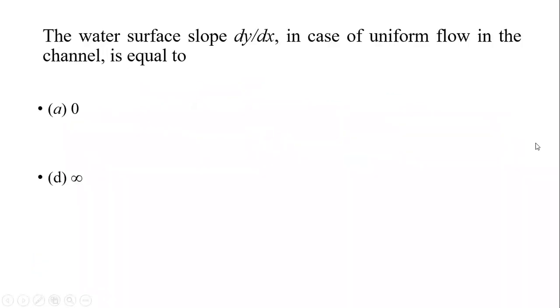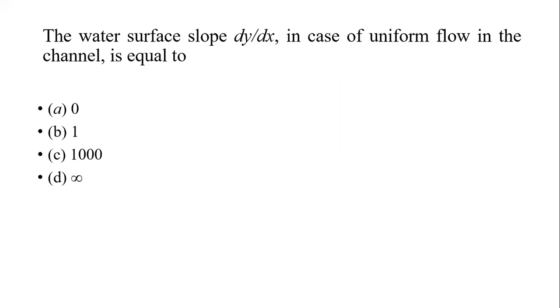Then we'll have a quiz. The statement: the water surface slope dy by dx in case of a uniform flow in a uniform channel section is equal to, options are A as 0, B as 1, C as 1000, and D as infinity.